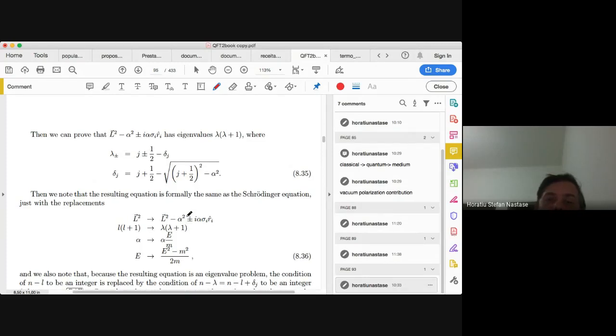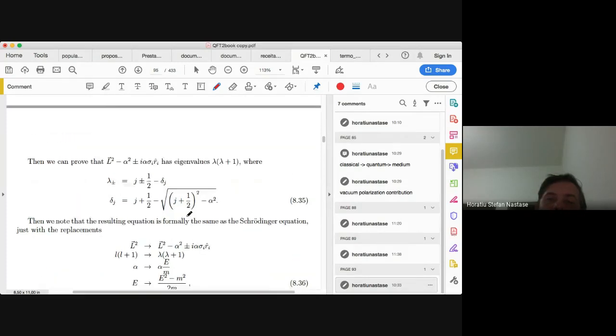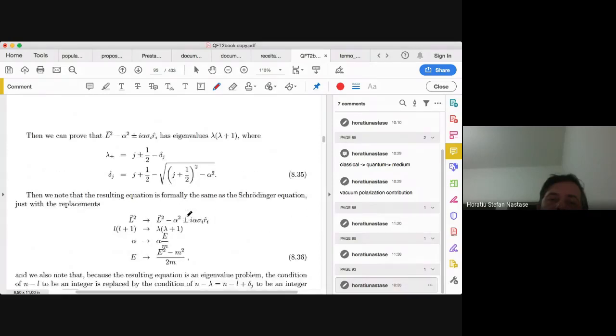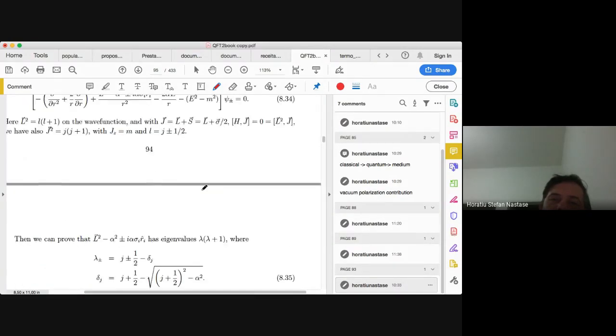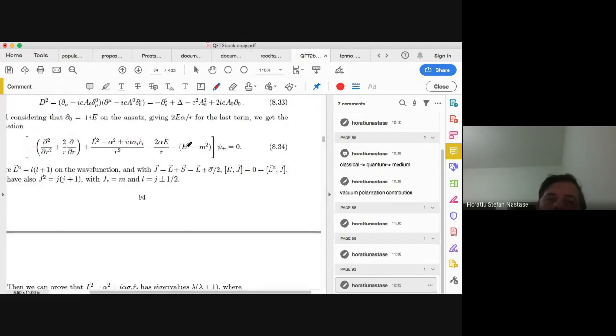And the other change is that the energy is replaced with this E squared minus M squared over 2M. So I should really divide this equation by 2M.